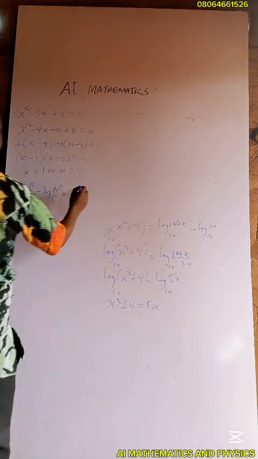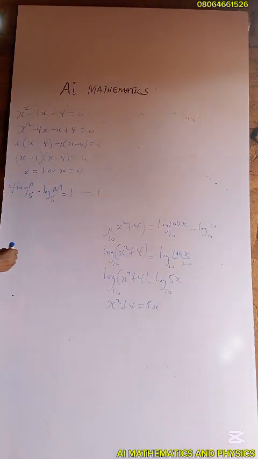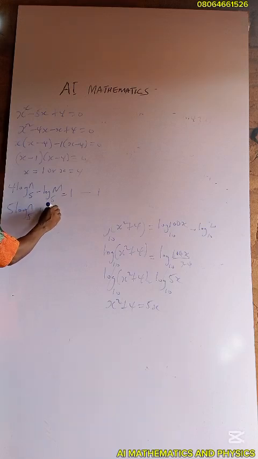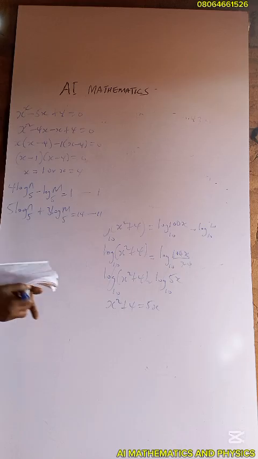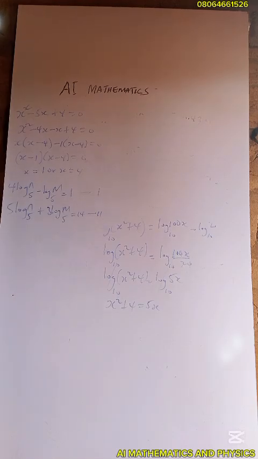So another one, 5 log n base 5 plus 3 log m base 5 equal to 14. That's equation 2. We are asked to find the value of m and n.